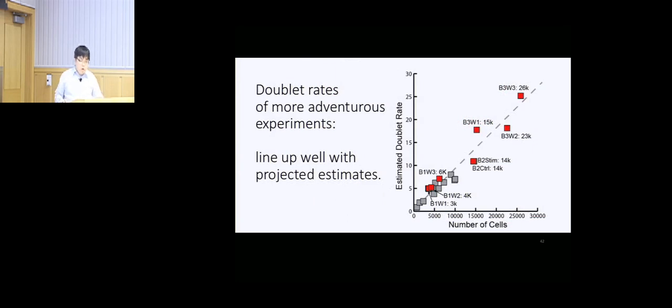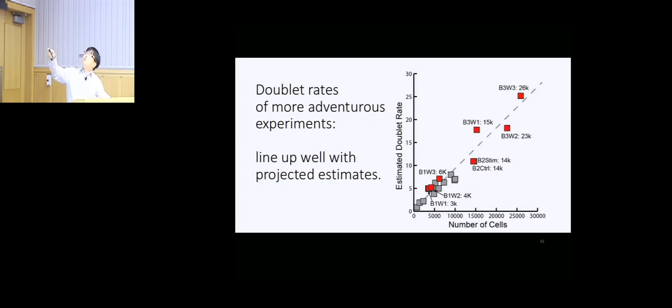Because we did a more adventurous experiment, we also plotted them against the known ratio of doublets, and these are also in line. You might think that 30% is really bad, but actually we are removing most of the doublets.